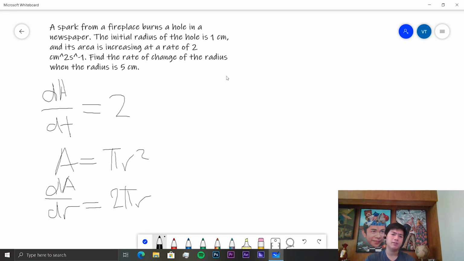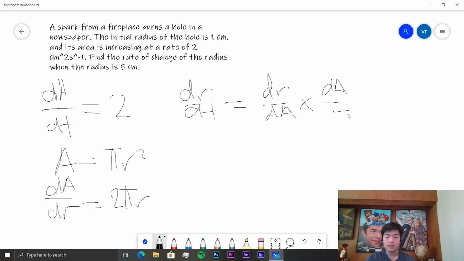And we need to find the rate of change of the radius when the radius is 5 centimeters. So dr over dt is equal to dr over dA times dA over dt. In other words, it's equal to 1 over pi r. So when the radius is 5 centimeters, this should be equal to 1 over 5 pi.